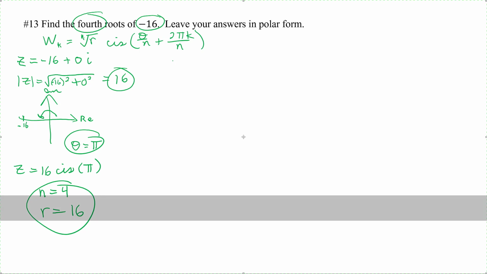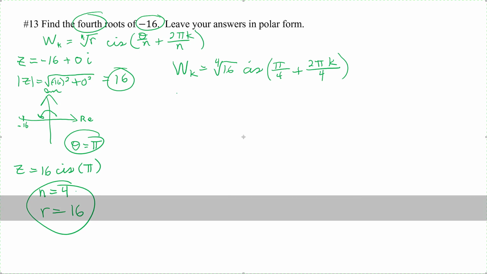So to find my formula that I'm going to use to get the roots, I have w sub k equals, n was equal to 4, so we have the fourth root of r, where r was equal to 16. Then we have cis, and we have theta, which is pi over n, n was 4, plus we have 2 pi k over n, and n was 4.